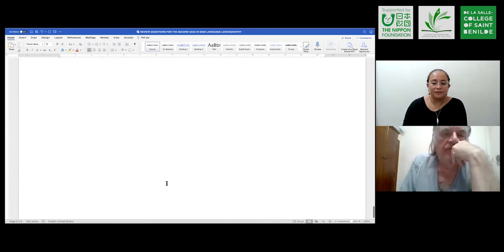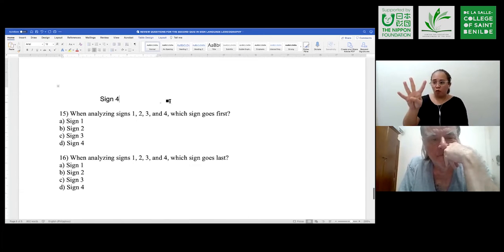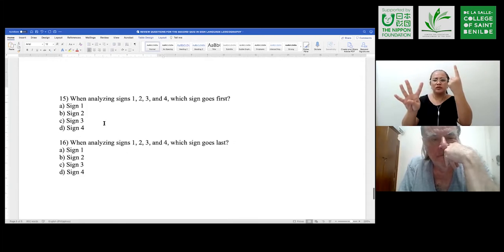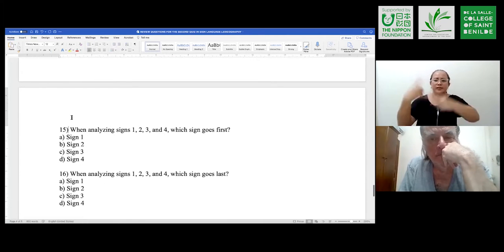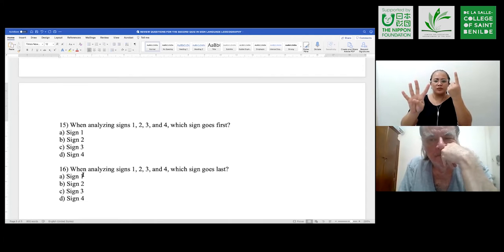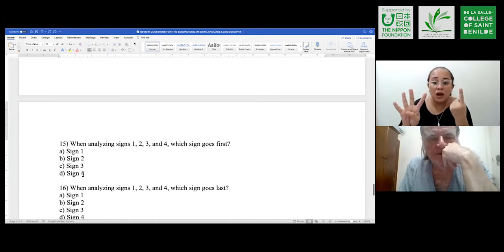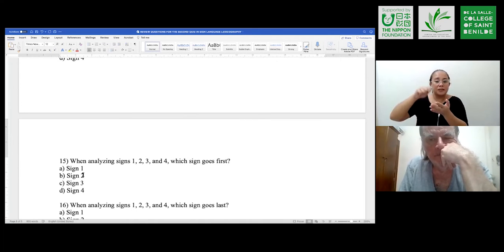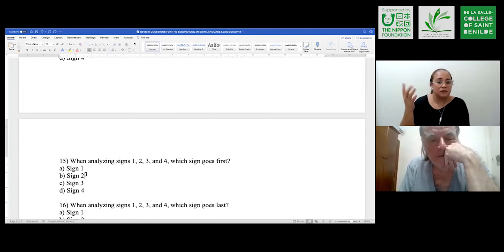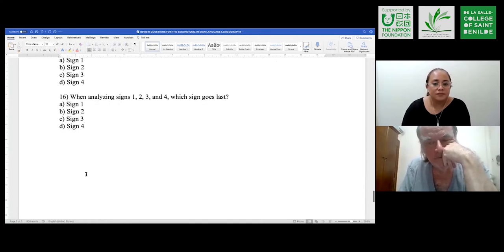So when you do all 4 signs together, which one goes first? So pencil, compass, and glue, a whiteout and glue.